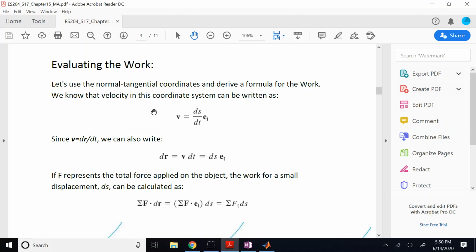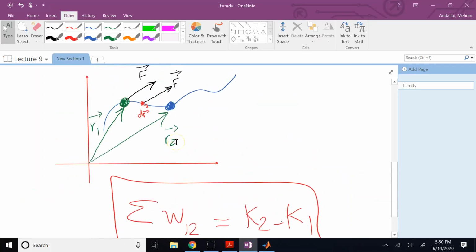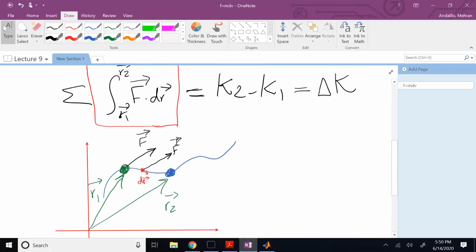So if we assume that this force that is applied to the particle along the path has two components, or we decompose it into two components, one along the tangent direction, like this, and the other one along the normal direction. So this one I would call F sub n, this one I would call F sub t, right?